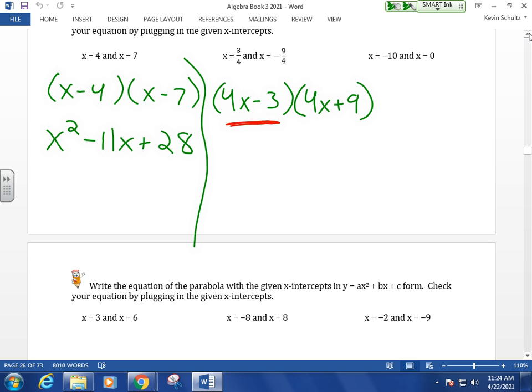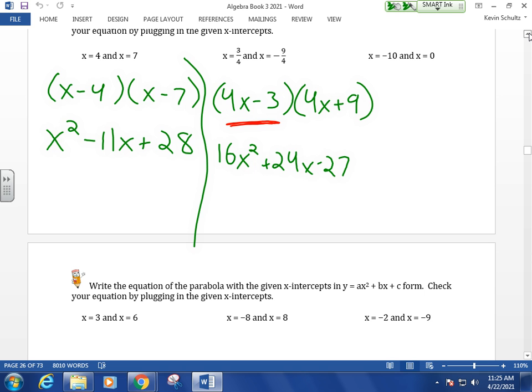Since it's negative, that means the constant would have been positive in the parentheses, and then a denominator of 4. That 4 represents the coefficient. And then boxing, foiling, crab clawing, whatever you want to do here, 16x squared plus 24x minus 27 is your original equation.